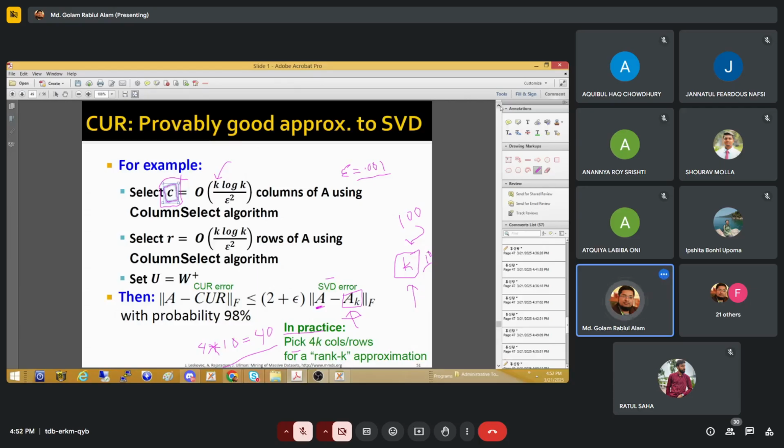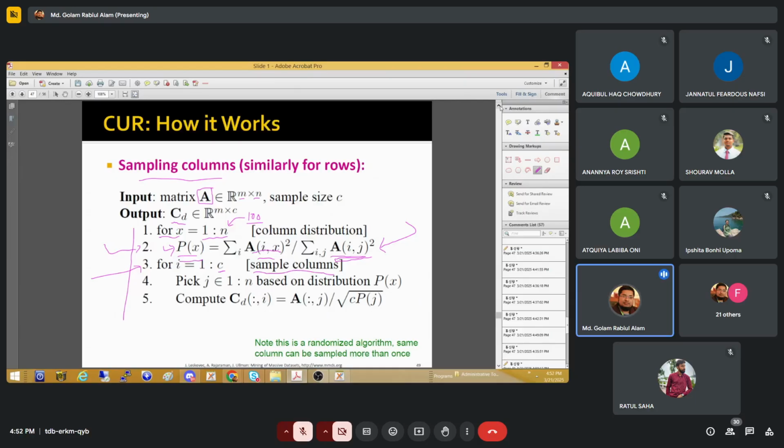That is our c, how many samples we want to pick from our original data set. Now we need to pick c samples, 40 samples in this case.